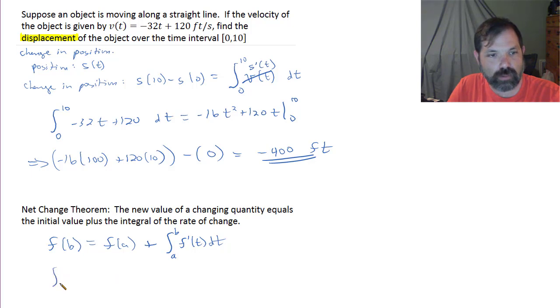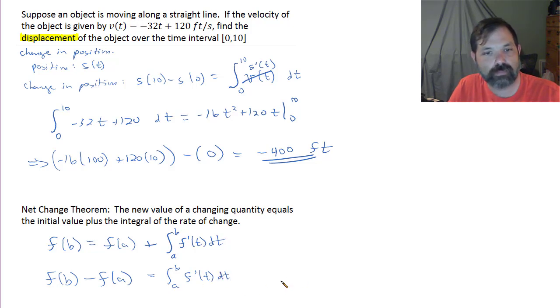So the net change, f of b minus f of a, is simply the integral of that changing quantity, f prime of t dt. All right, so that's called the net change theorem.